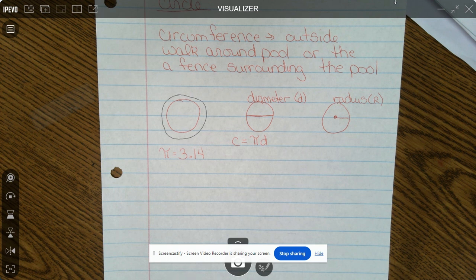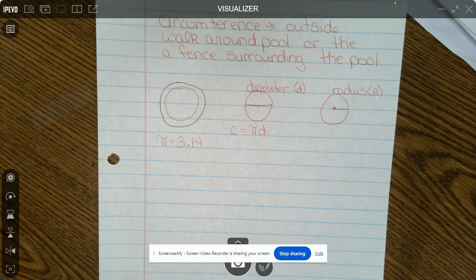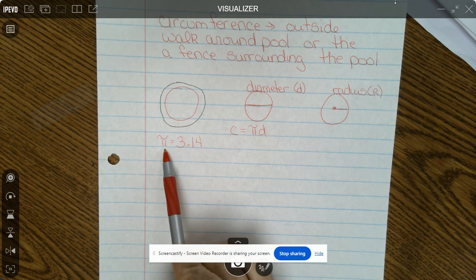Strictly use 3.14. When you get into 8th grade and beyond, you will be able to use the pi button. But once again, do not use that pi button in 7th grade. This right here is the symbol for pi, when your math teachers tell you.